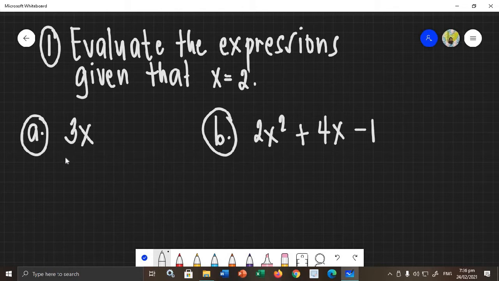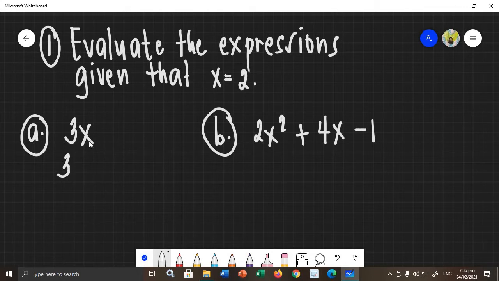First, let's evaluate letter A, which is 3x. Our first step is to replace x with 2, because according to the direction, x is equal to 2. Always remember, every time we substitute, we put parentheses.